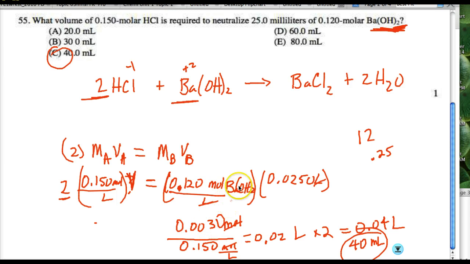So even if you just estimated and you said 3 something divided by the 0.15, that's going to give you a 2 something, and then this 2 something times the 2 over here is going to give me a 4 something milliliters. So there's only 1 4 there, and that's the 40 milliliters. Okay? Next.